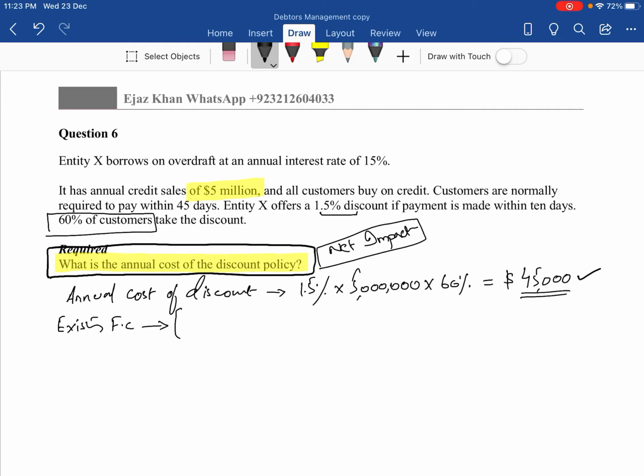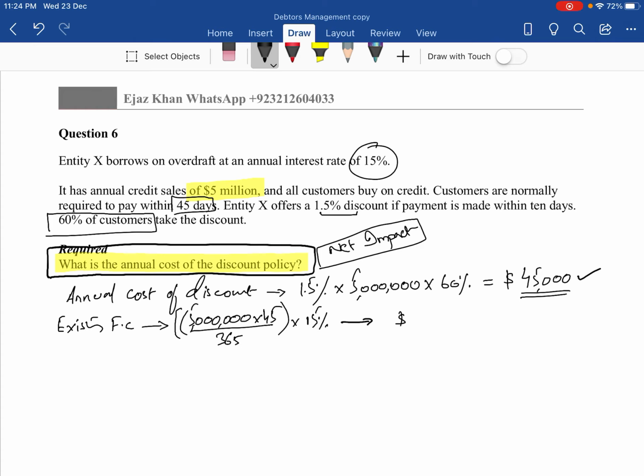by calculating the receivable figure first. The sales figure for the whole year is $5 million, and the current payment period is 45 days, so we have to convert it into 45-day sales to find out the receivable figure, and then multiply it with the finance rate, which is 15%.